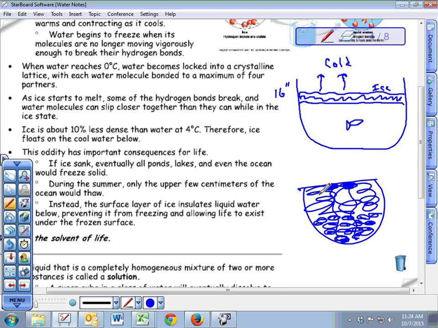Right? So the fact that our water on the planet stays liquid for almost all of the volume of it, except for that thin little layer on top, means that there is basically uninterrupted life.